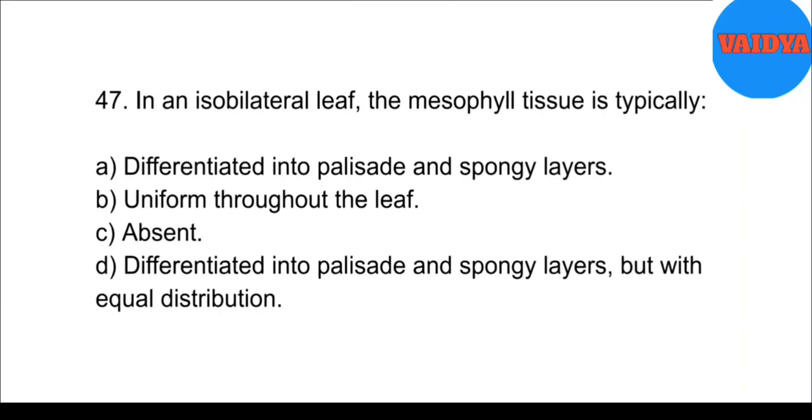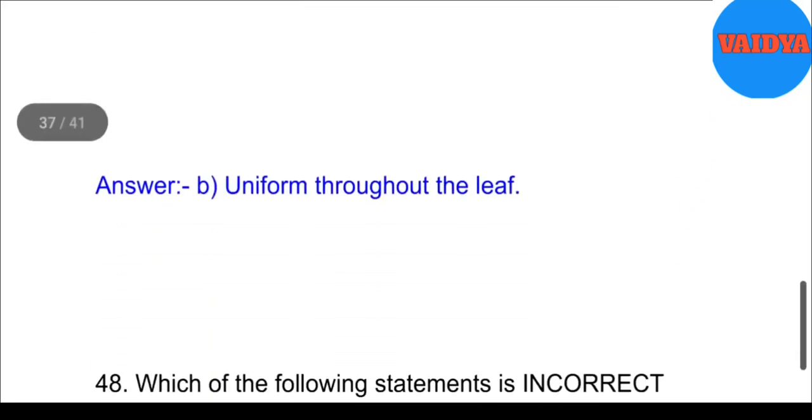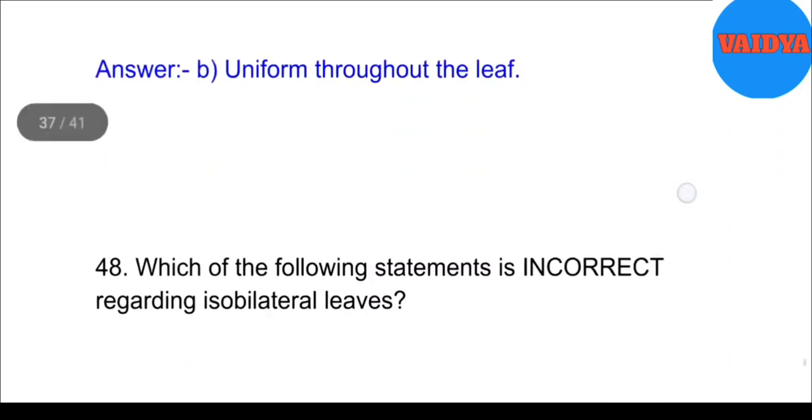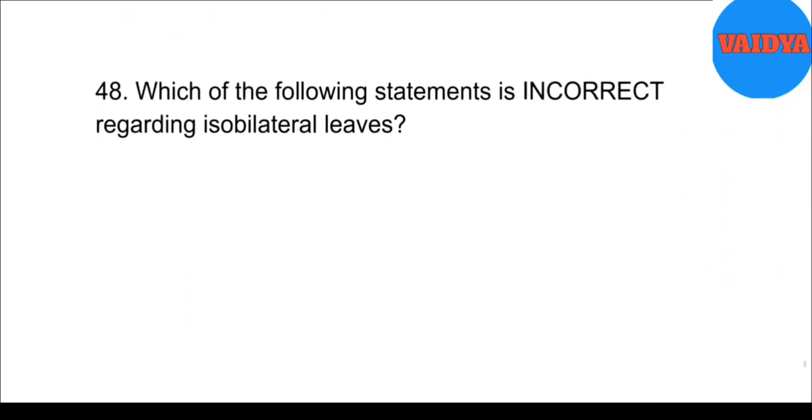47. In an isobilateral leaf, the mesophyll tissue is typically A. Differentiated into palisade and spongy layers. B. Uniform throughout the leaf. C. Absent. D. Differentiated into palisade and spongy layers, but with equal distribution. Answer: B. Uniform throughout the leaf. 48. Which of the following statements is incorrect regarding isobilateral leaves?